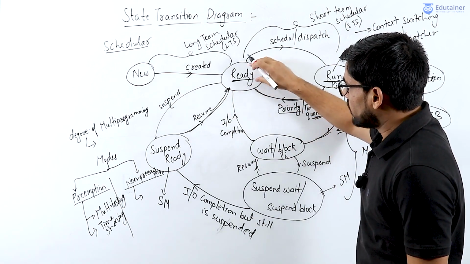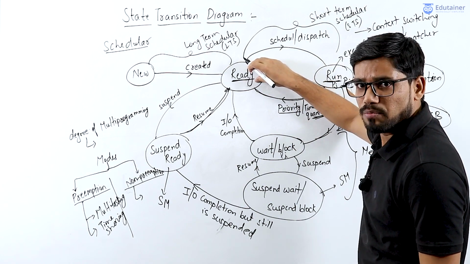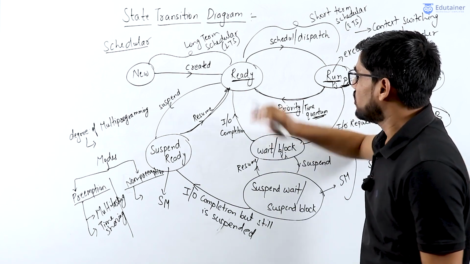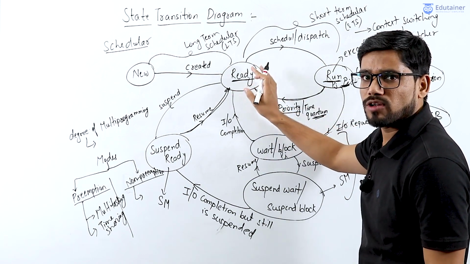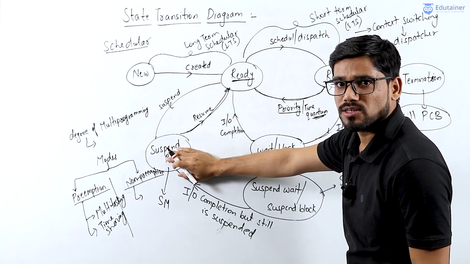So whether a process is present in the ready state or not is decided by the medium-term scheduler. If there is no space available in the memory for the ready state, then definitely the medium-term scheduler will pick the process and give it to the suspend ready state.